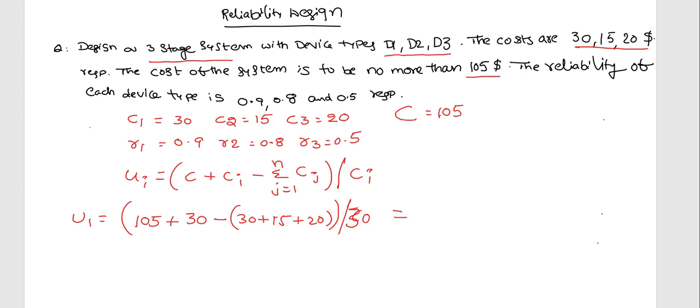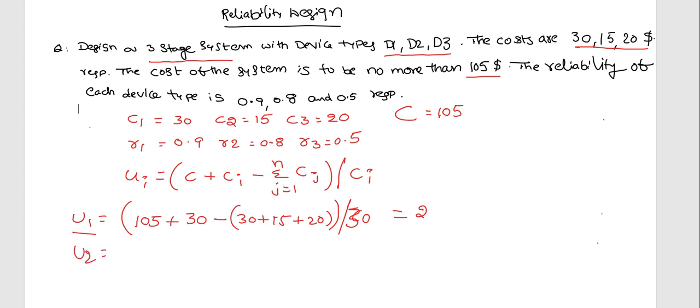So what is the answer? 135 minus 65 is 70. 70 by 30. Observe, even though you are getting a fraction, a fractional number of devices is not available, so we will take the floor number. This is U1.